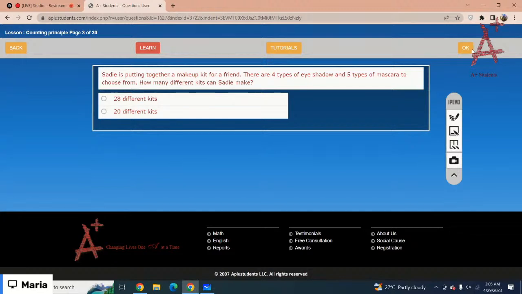It would be 5 times 4 makes 20. That means the total they have is 20 different kits. The correct option is 20 different kits.